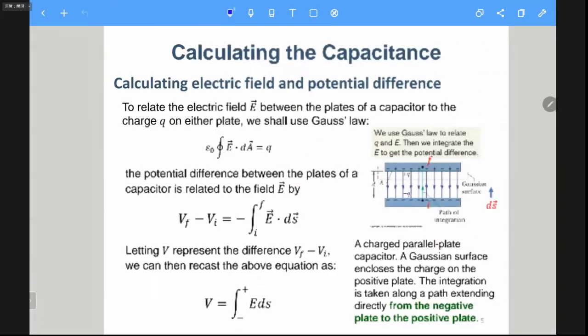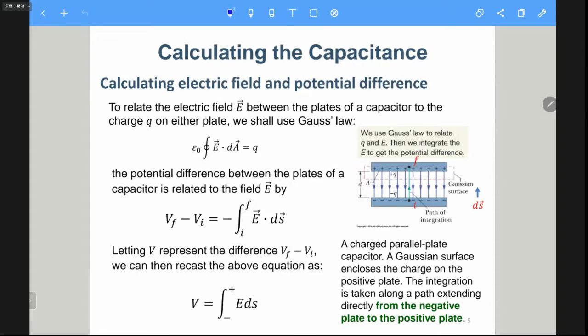Okay, so nothing special. Here, let's consider the E field inside the capacitor. To relate the electric field between the plates of a capacitor to the charge Q on either side, we shall use Gauss's law.